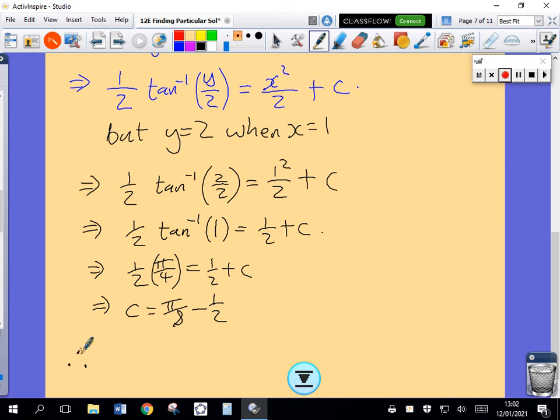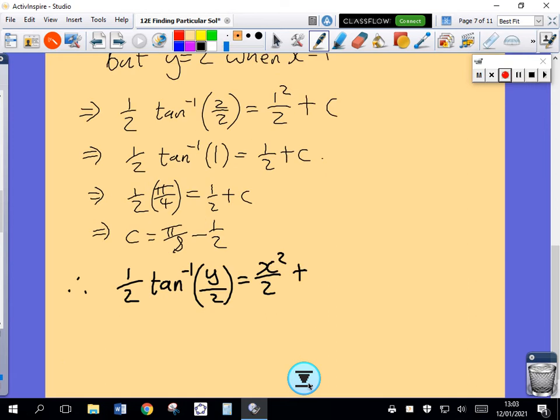Therefore, 1/2 of tan inverse of y over 2 is equal to x squared over 2 plus the constant of integration, which is pi over 8, minus 1/2.